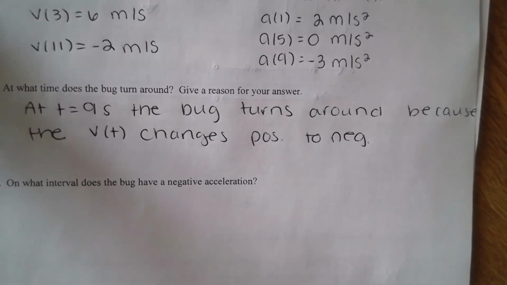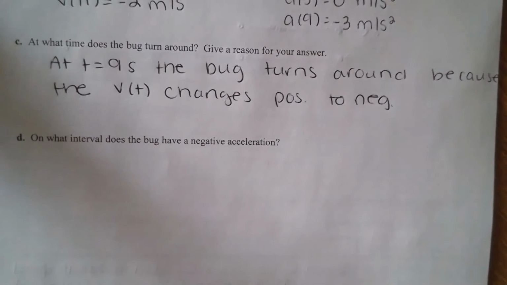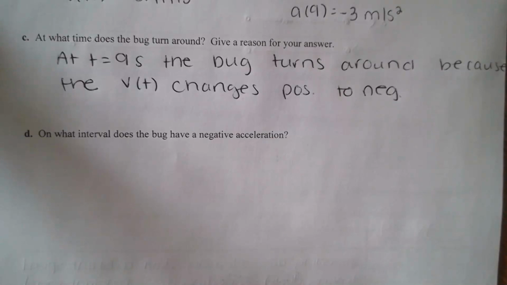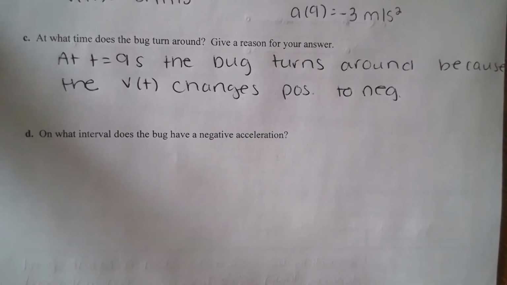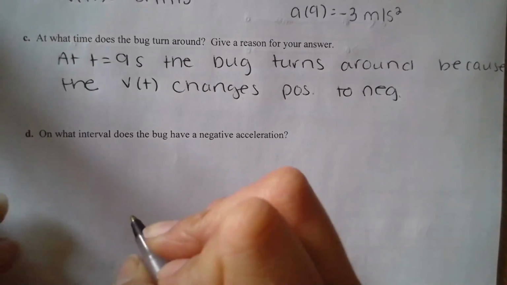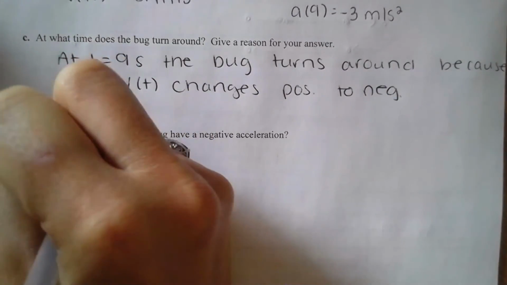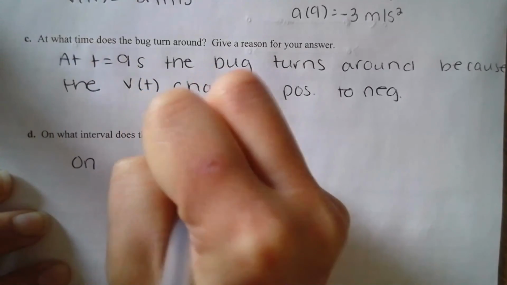I think D is probably the trickiest. It is 7 to 10, so why is it 7 to 10? Yes. Yes. And yes.